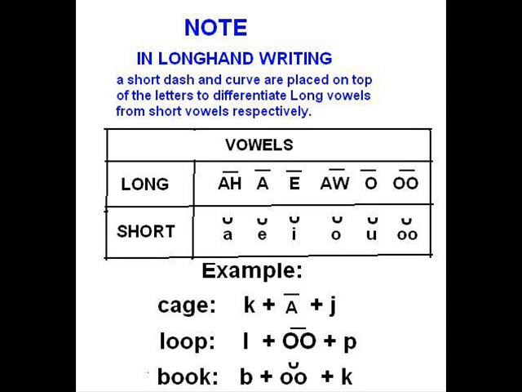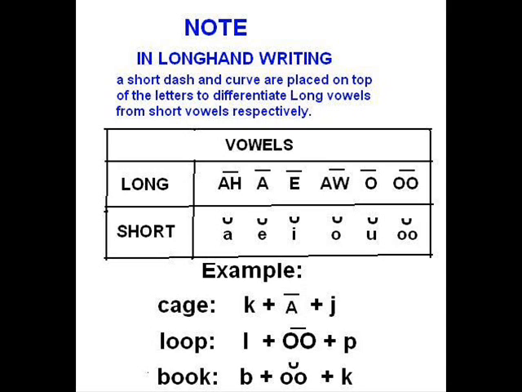Similarly, for short vowel sounds, they put a small curve. For example, A, that is a long vowel sound. A, that is short vowel sound. So, A is written in longhand, the letter A. English alphabets, you know. So, one letter A is written.